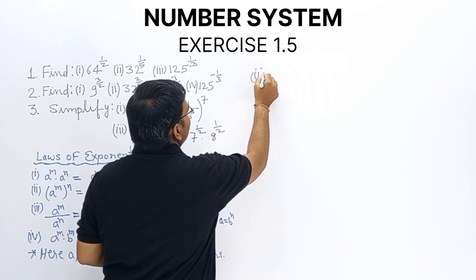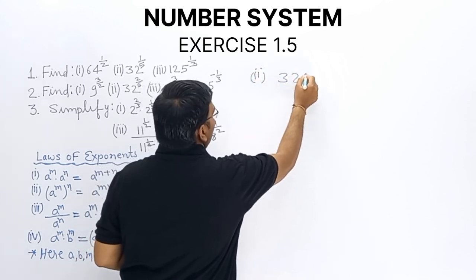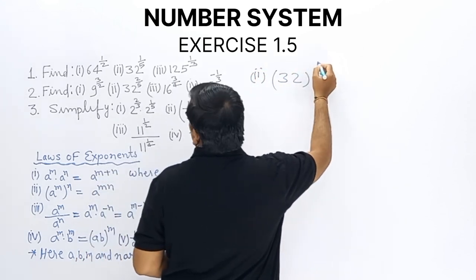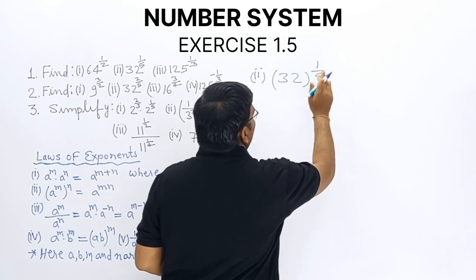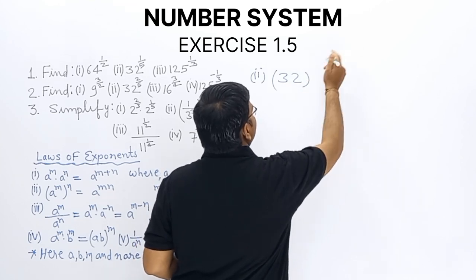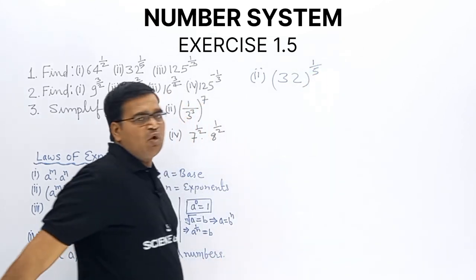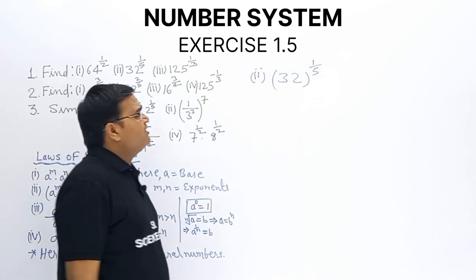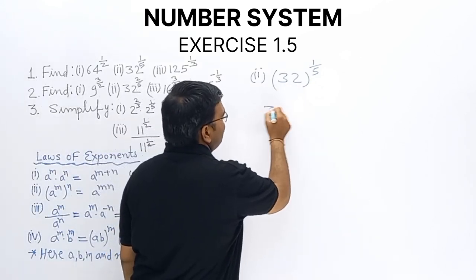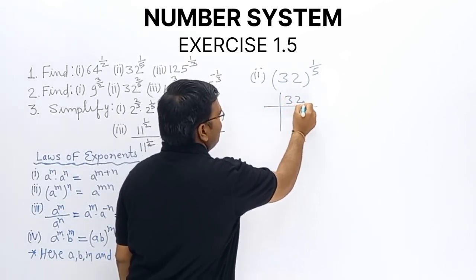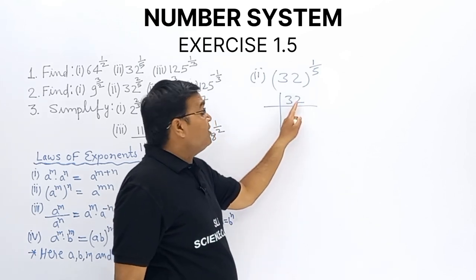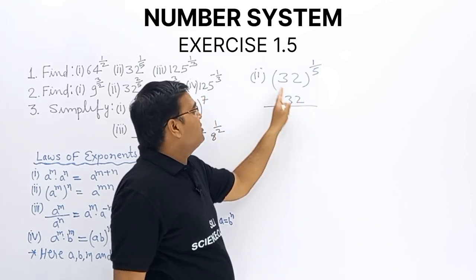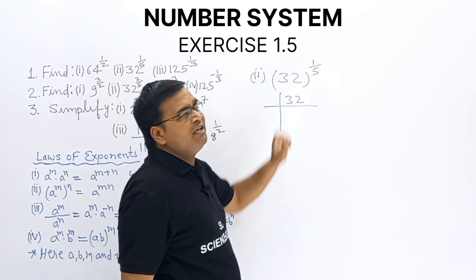What is the second question? 32 power 1 by 5. Apply the first method there. Do prime factorization of 32.